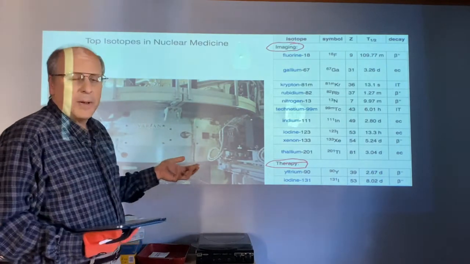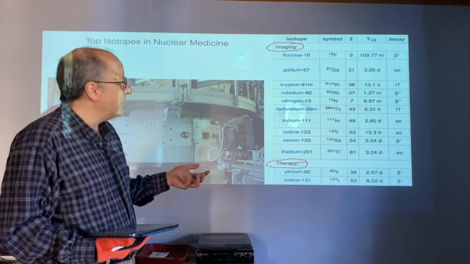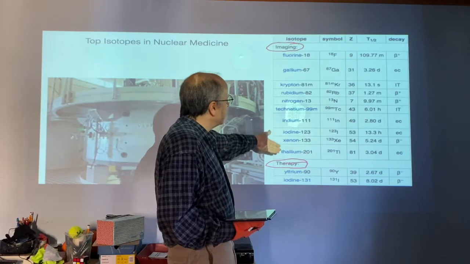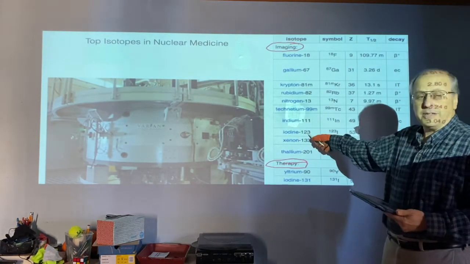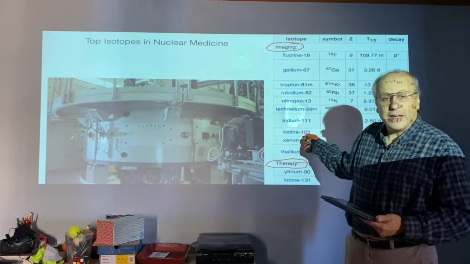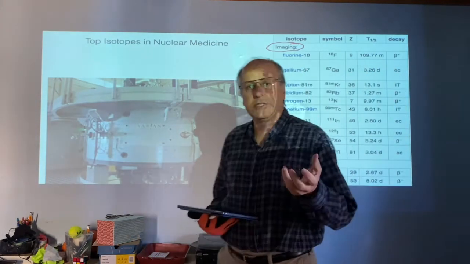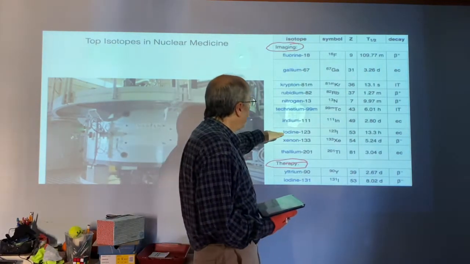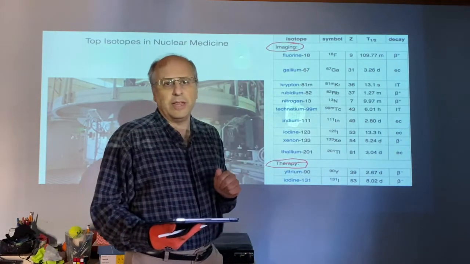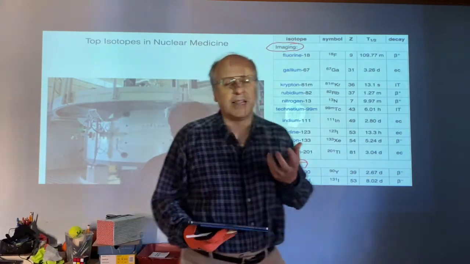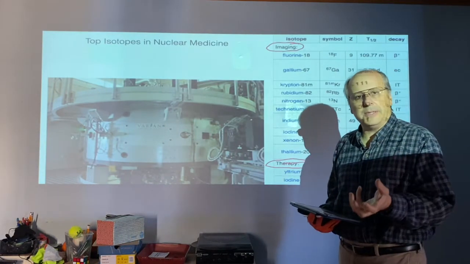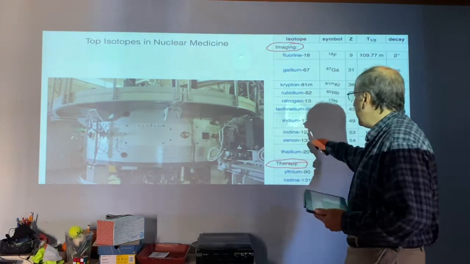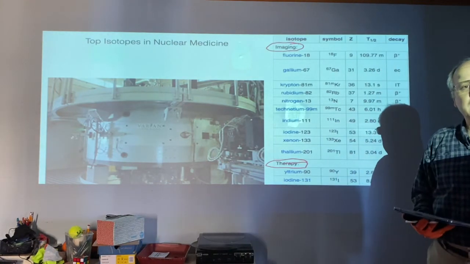Depending on what part of the body we're going to be imaging, determines which isotope we're going to give them. Iodine, for instance, collects really well in the thyroid. So if you're trying to image the thyroid, you'd be giving your patient the iodine 123 and allowing it to collect in the thyroid, and then viewing it through some sort of imaging technique and see how well the thyroid is taking up the iodine.